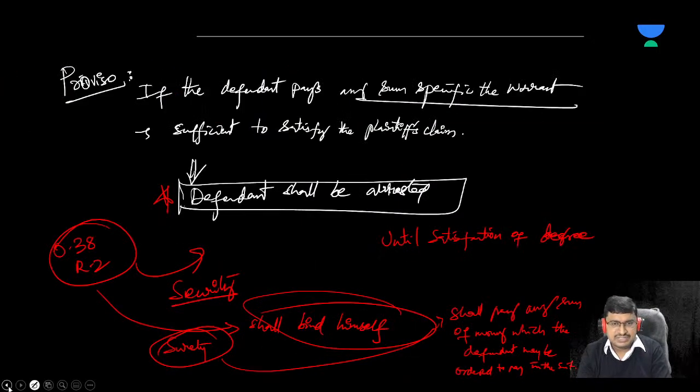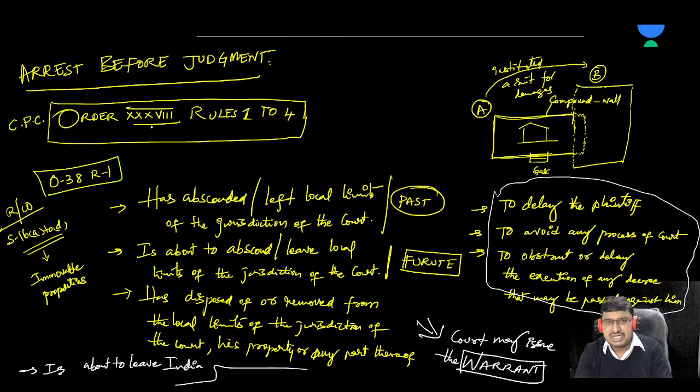Here we have seen that this is the procedure Order 38 Rule 1 speaks about. In order to delay the plaintiff, to avoid any process of the court, to obstruct or delay the execution of any decree that may be passed against him, if the defendant has absconded or left the local limits of the jurisdiction of the court, or he is about to abscond or leave the local limits of the jurisdiction of the court, or he has disposed of his property or any part thereof from the local limits of the jurisdiction of the honorable court.